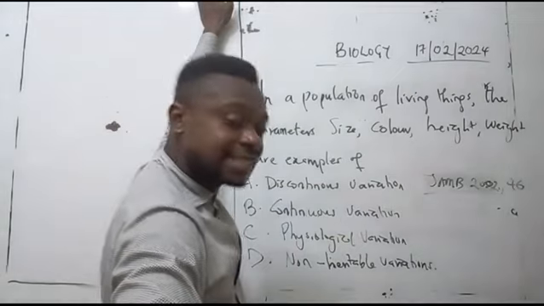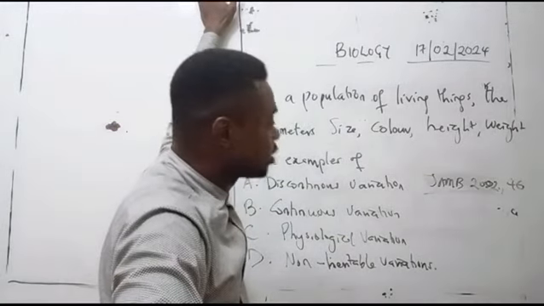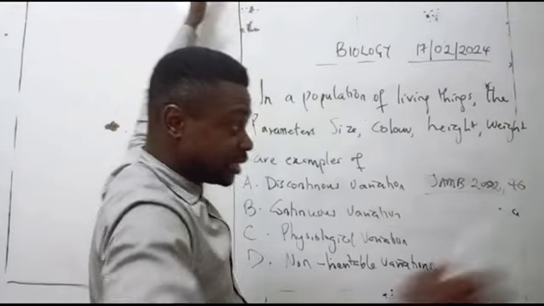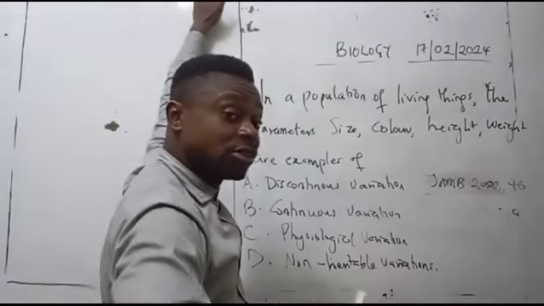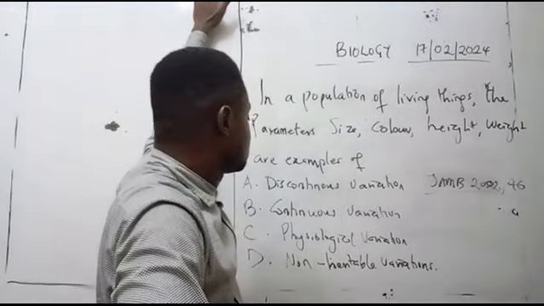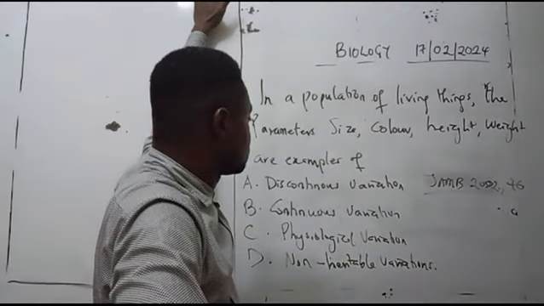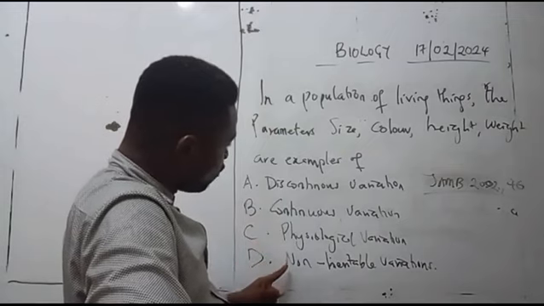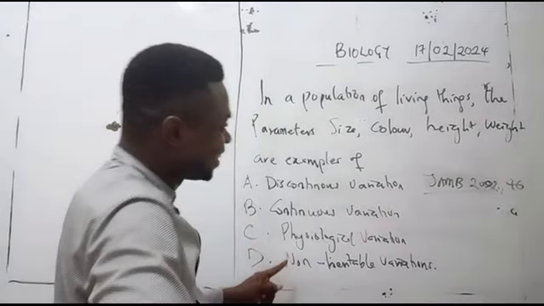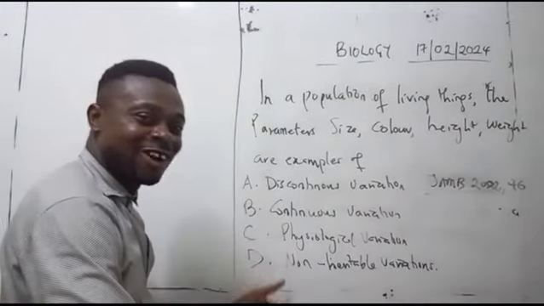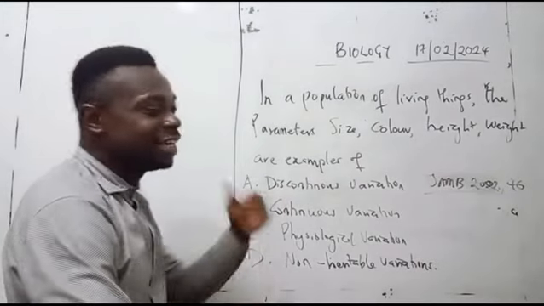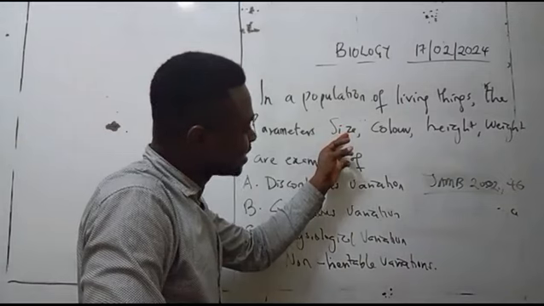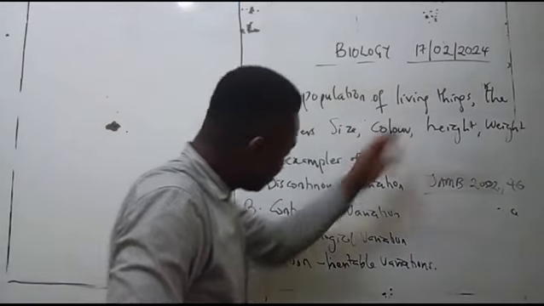Size is what you can see. The size is big, is small. So it's morphological. But there's no morphology option here, so we leave that main group.